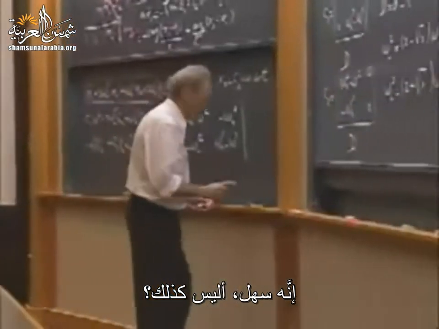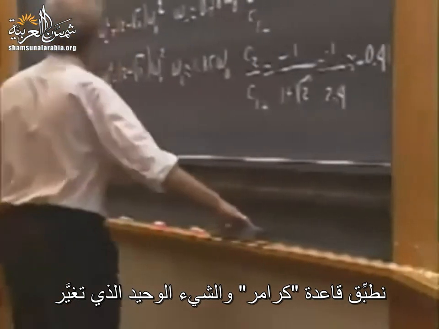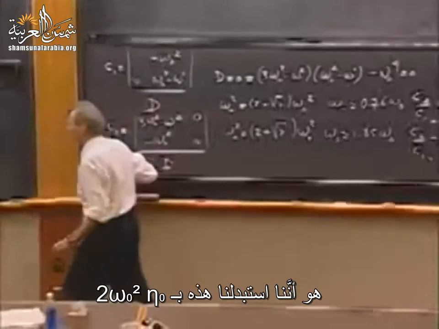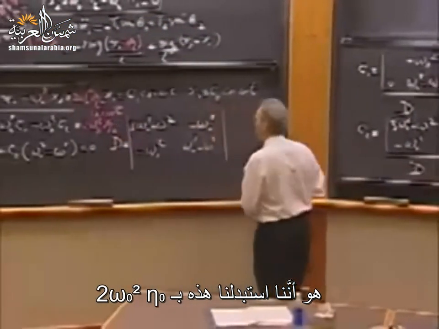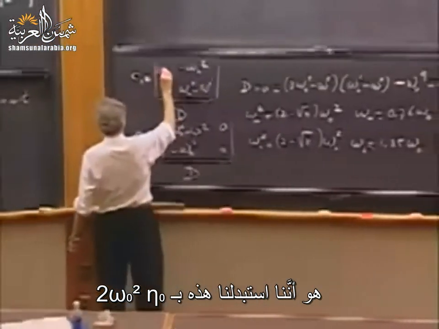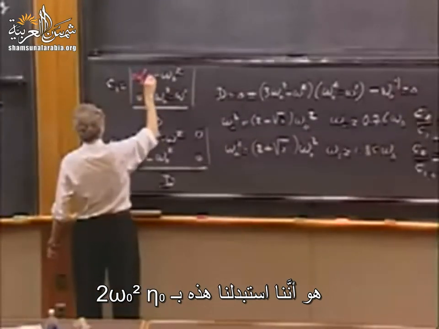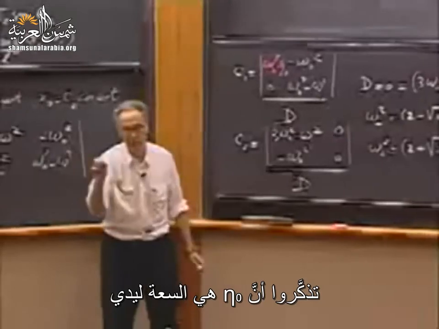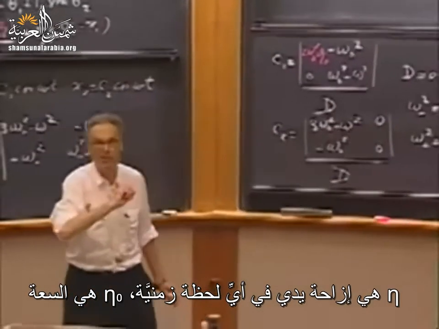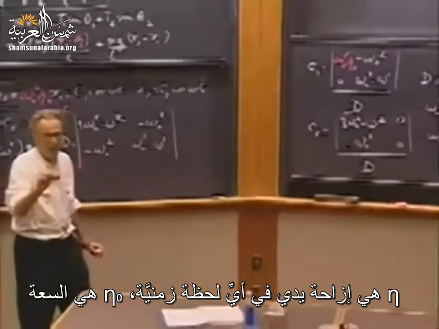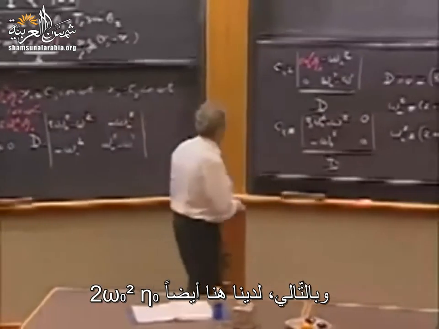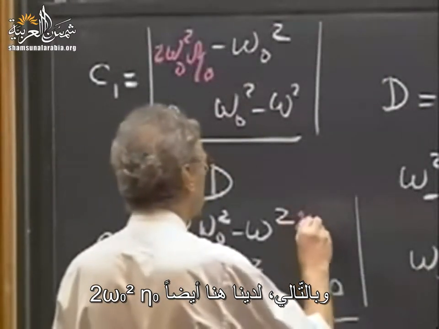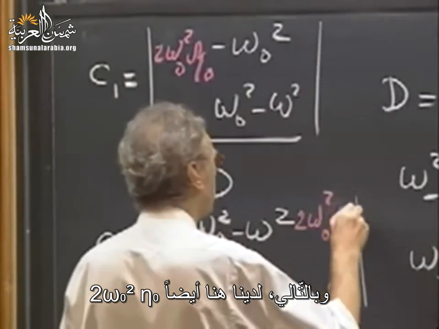It's easy, right? We apply Cramer's rule, and the only thing that changes is this one, which has to be replaced by this, 2 omega 0 squared times eta 0. Eta 0, remember, is the amplitude of my hand. Eta is the displacement of my hand at any moment in time. Eta 0 is the amplitude. And so here, we get also 2 omega 0 squared times eta 0.